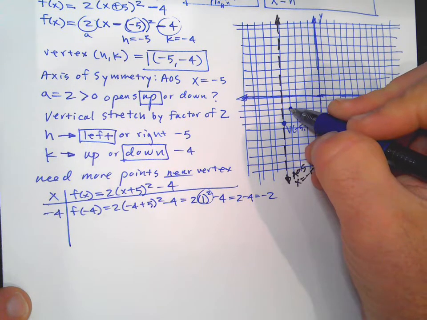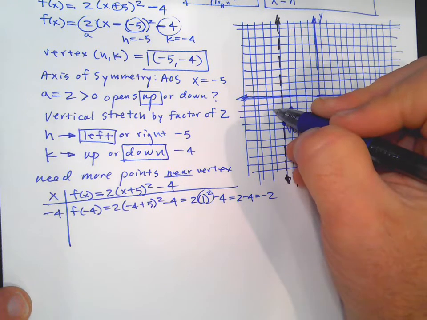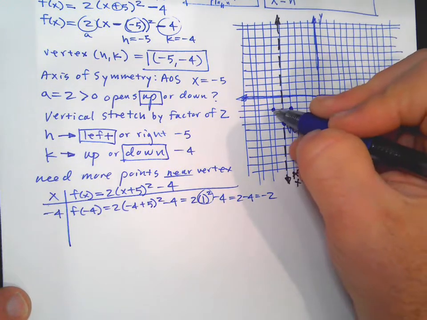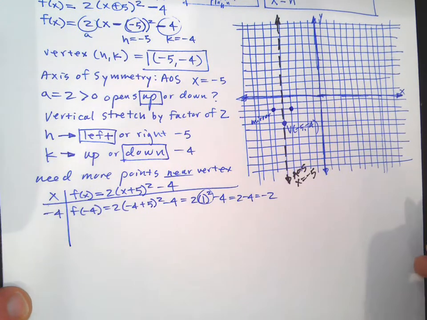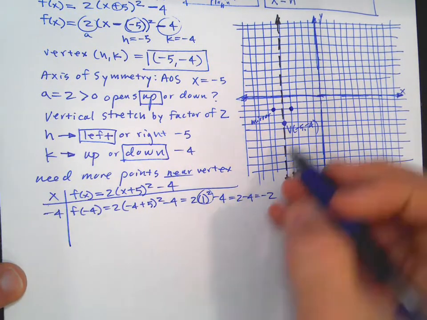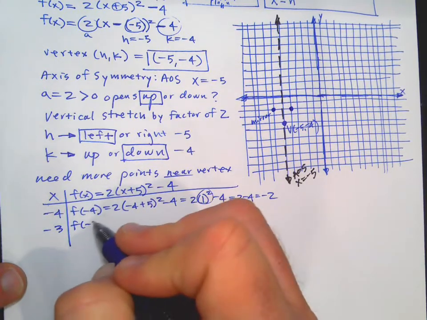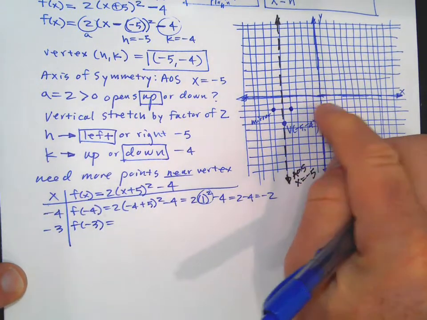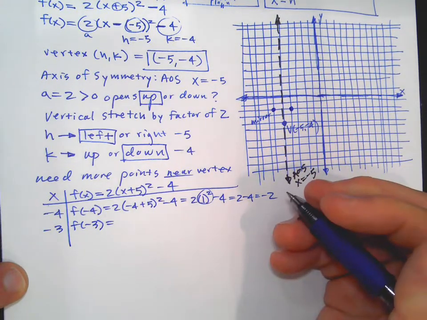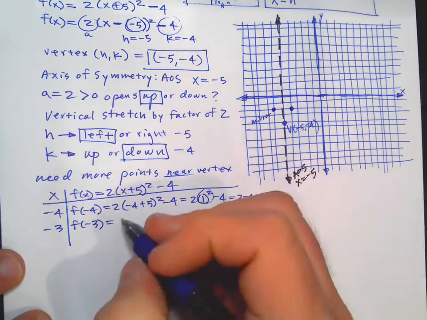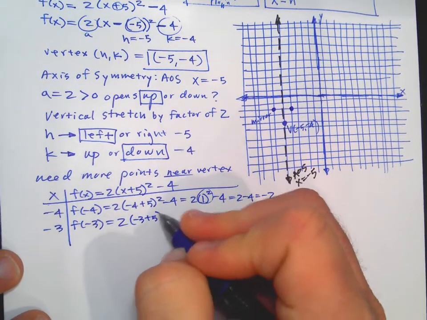And then we like to take advantage of the fact that parabolas are symmetric, and that means the left side and the right side look the same, so we can do a mirror point over on the other side real quick without having to calculate it. Let's do one more. We can do -3. The further you get away from the vertex, you get bigger values, which might be off of your graph. So let's do -3. (-3 + 5) squared minus 4.